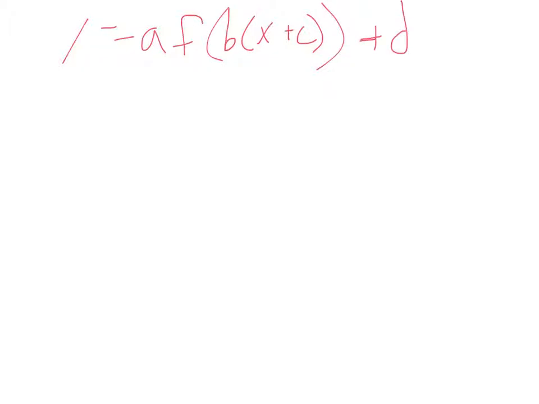So this sort of just summarizes all the different possible transformations I could do to any given function, right? And notice it's really important that inside here, because of the order of operations, the shift, the horizontal shift here, has to be done before the vertical compression or expansion.